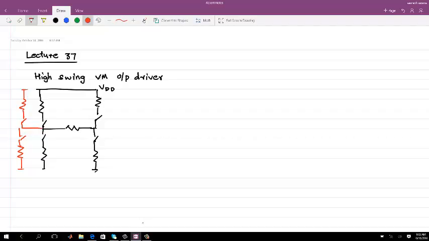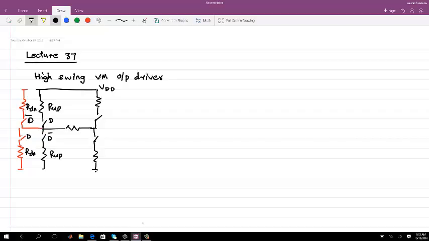So just have a look at this, that this is R up transistor. These both are R up. This is D bar, and this resistance is R down, and it is D and D bar.